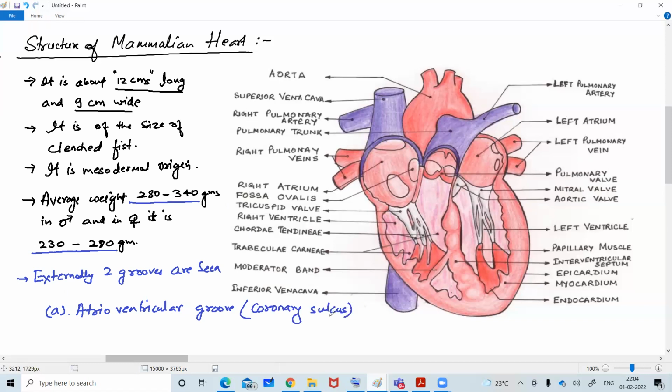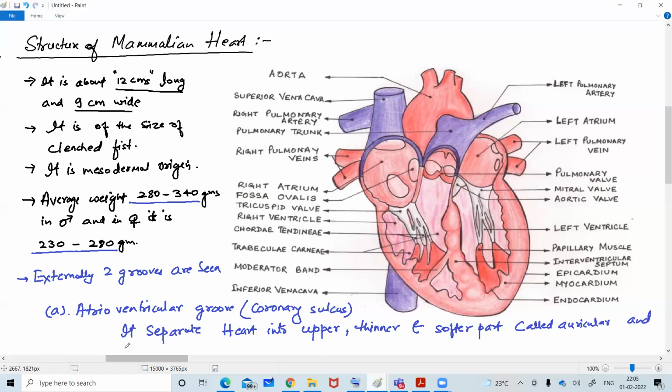What it does is separate the heart into upper and lower parts. The upper is the thinner and softer part, called auricular, and posterior means the below part, which is larger, thicker, and harder, called ventricular.